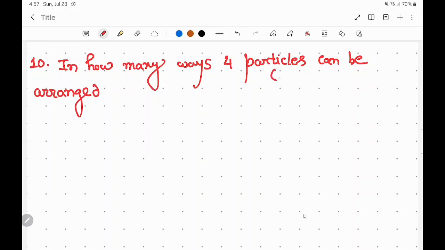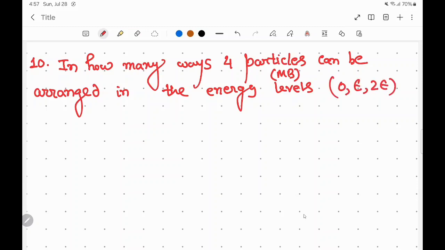Four particles which are Maxwell-Boltzmann particles, in the energy levels with the energy 0, epsilon, and 2 epsilon, such that the total energy is 4 epsilon.